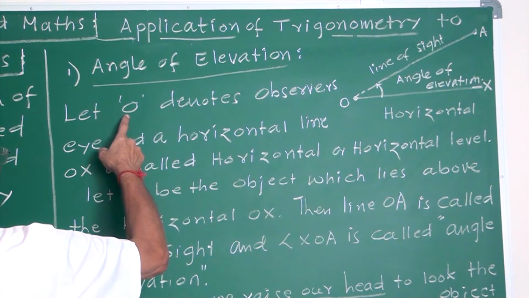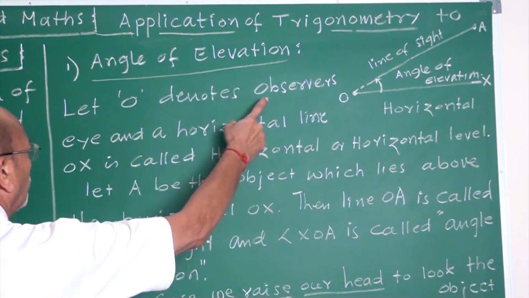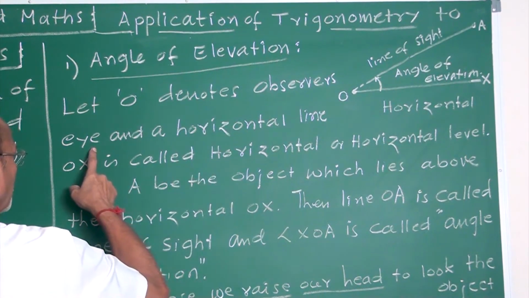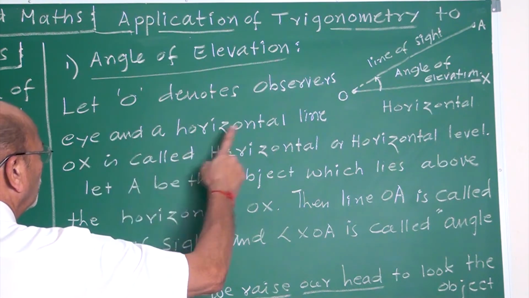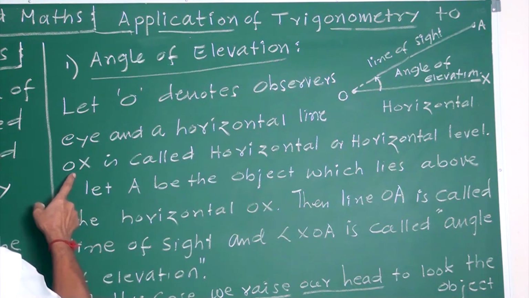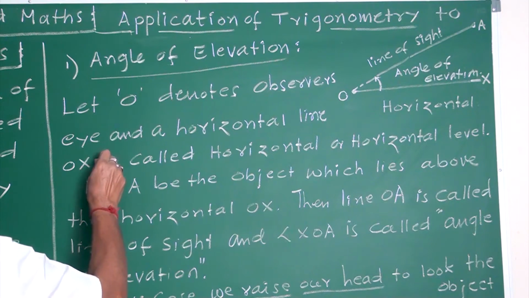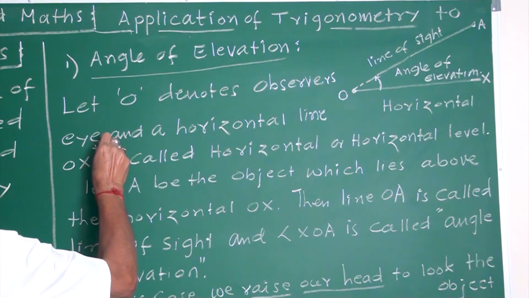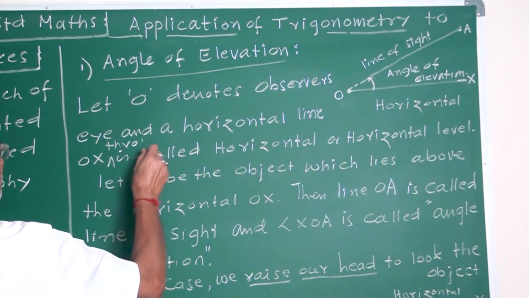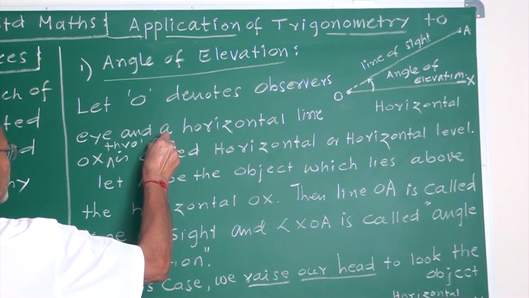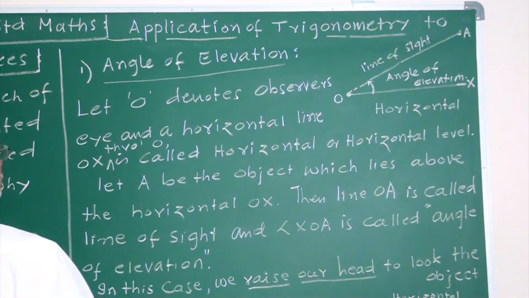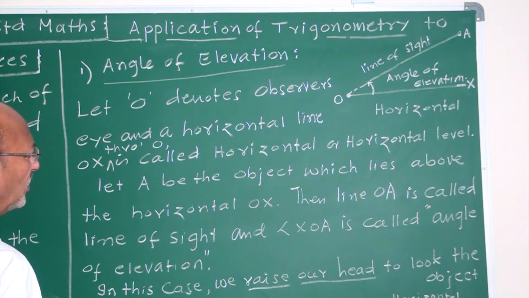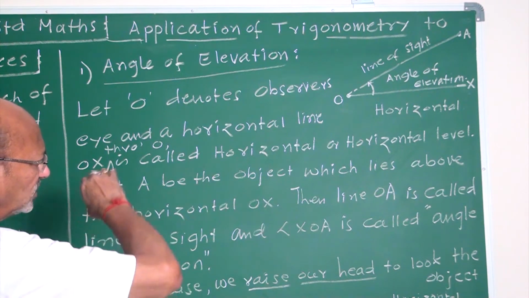Yes, my friends. O denotes the observer's eye, and a horizontal line OX through O is called the horizontal or horizontal level.